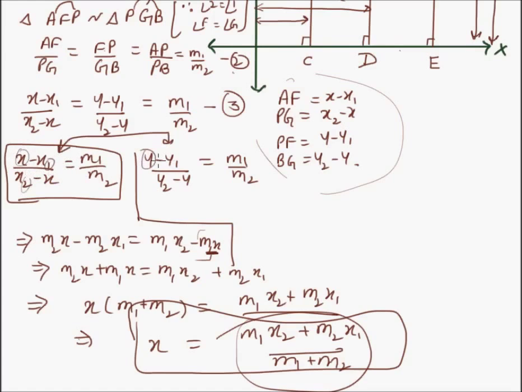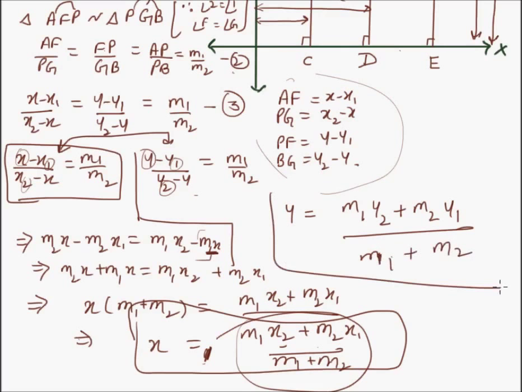Friends, if we look at both of these equations, only in place of x we have y. Subscripts are also the same. Thus by symmetry we can just write the equation for y by looking at this expression as y is equal to m1, in place of x2 we write y2, plus m2, in place of x1 we write y1, over m1 plus m2.